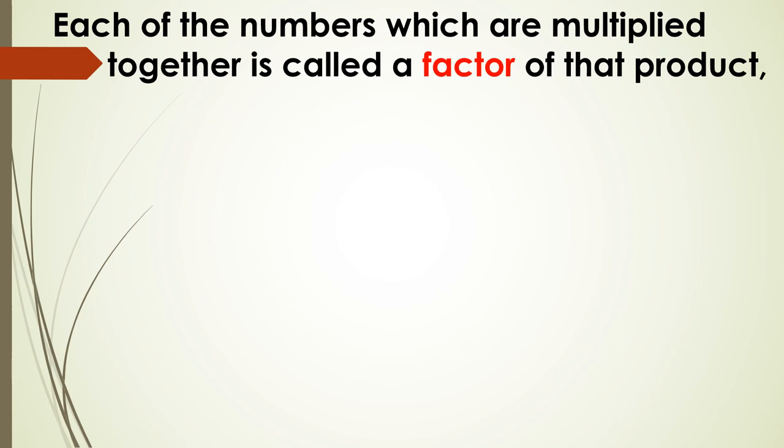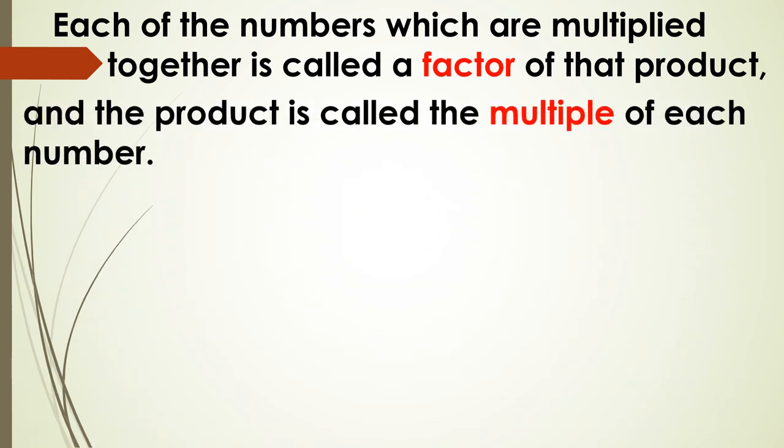And the product means the answer of the multiplication. And the product is called the multiple of each factor. Is this clear? I am repeating, the numbers which we are multiplying together are called factors, and the result that we are getting after multiplying is called the multiple of each number.